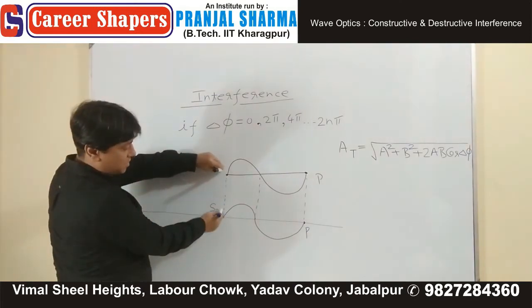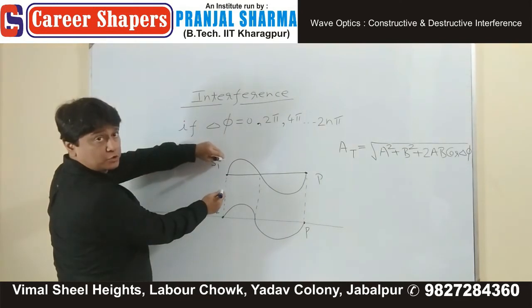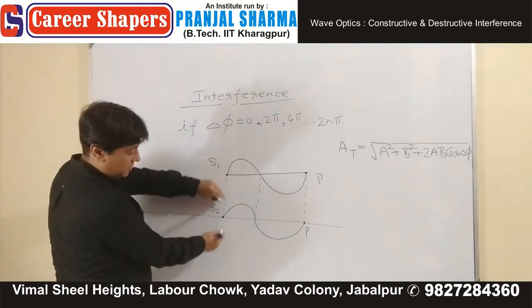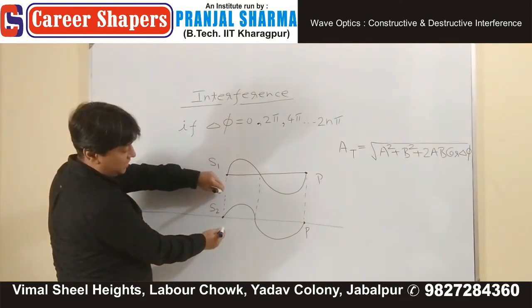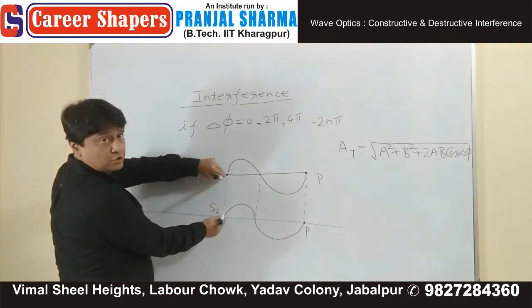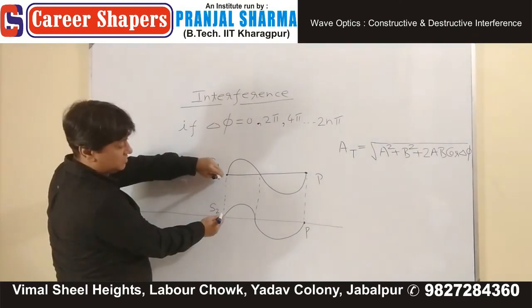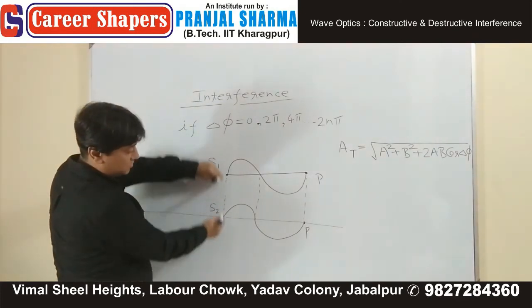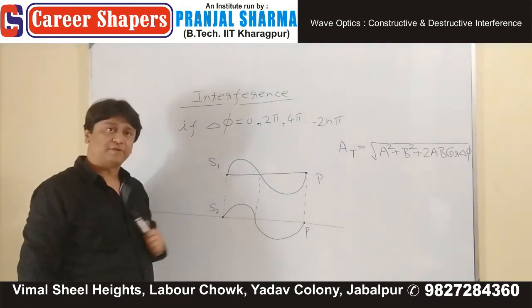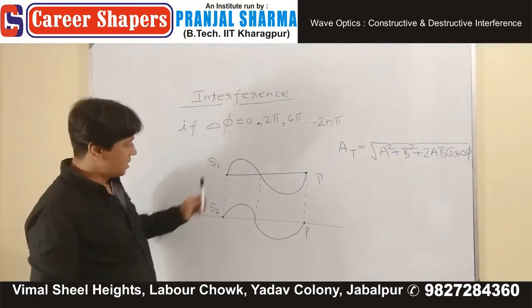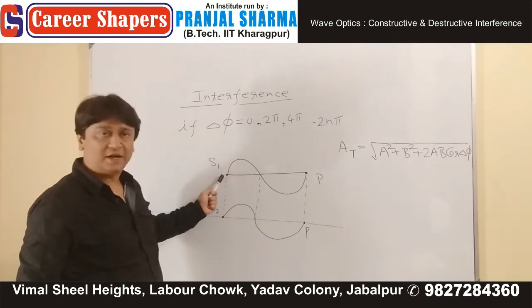When the black marker goes up, blue one also does the same. They both arrive at their negative amplitude simultaneously. They both pass through their mean positions simultaneously. This is called zero phase difference.